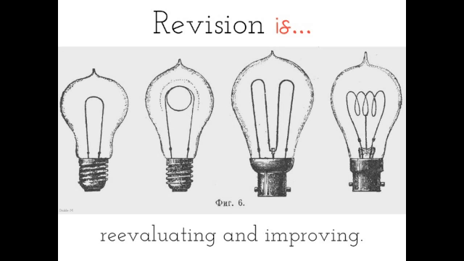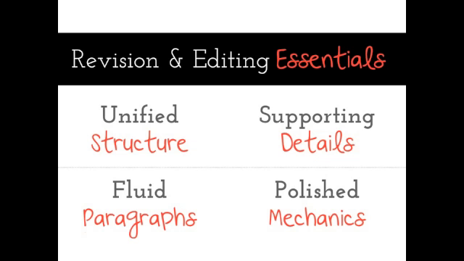What makes revision especially challenging for beginning writers is this sense that you're not sure what to actually edit and what to revise. But if you just pay attention to these 4 key areas, you're going to be well on your way to mastering the art of thorough revision.